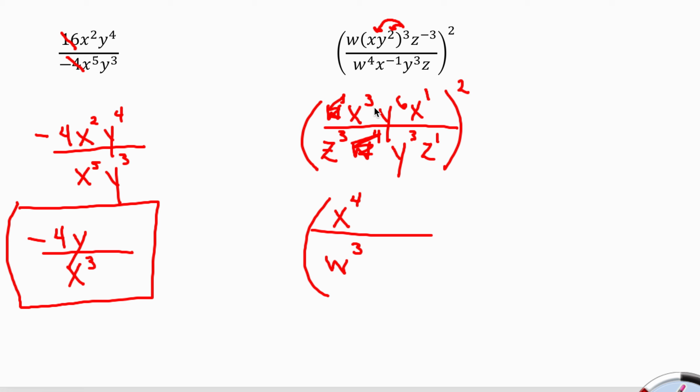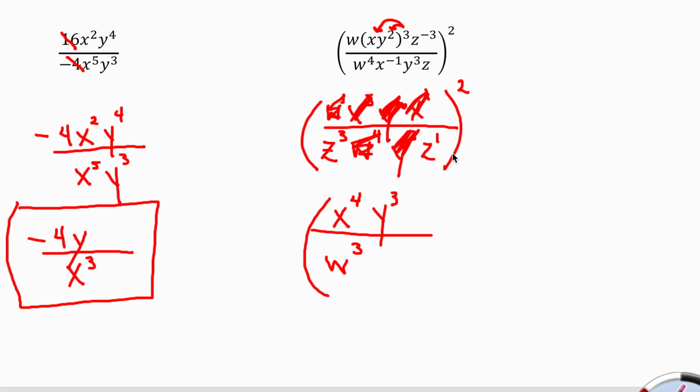Okay, I've got some Y's in the numerator and Y's in the denominator. So how many Y's are you going to have left, and are they going to be in the numerator or denominator? Right, they're going to be in the numerator, and there's going to be 3 of them because there's 6 on top and 3 on bottom. So when you cancel these 3, it's going to leave 3 on the top.